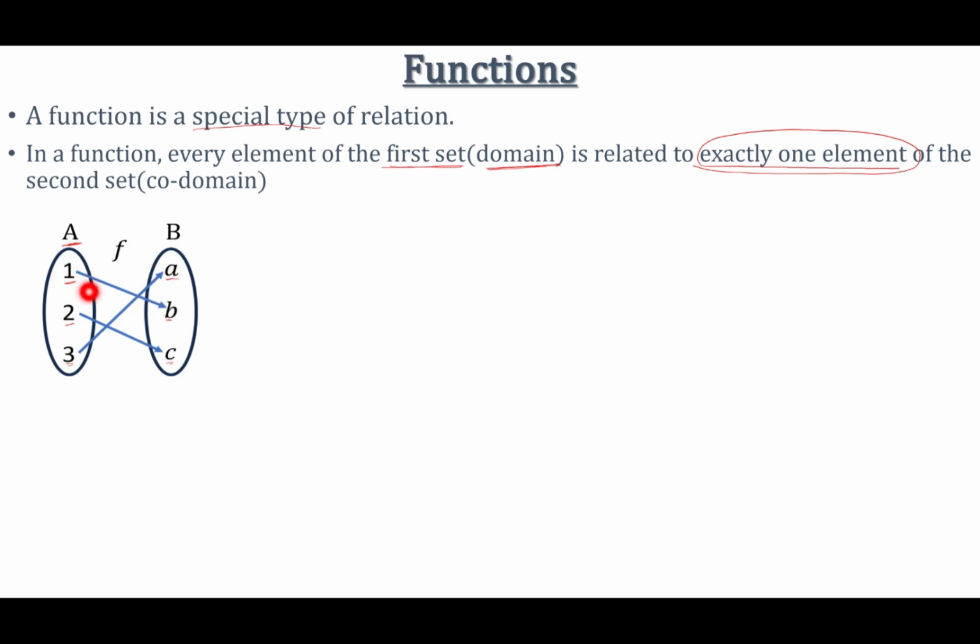So the image of 1 is B. So this is a function. Let us have one more example.